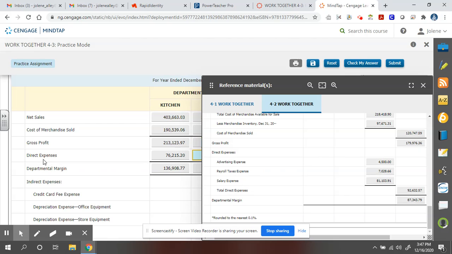Next, it's asking for direct expenses. Total direct expenses is here. $92,632.57. And then here it's asking departmental margin for just this department. $87,343.79.